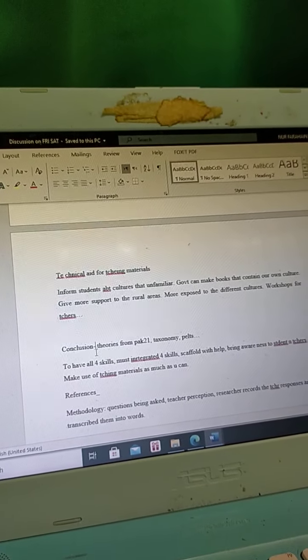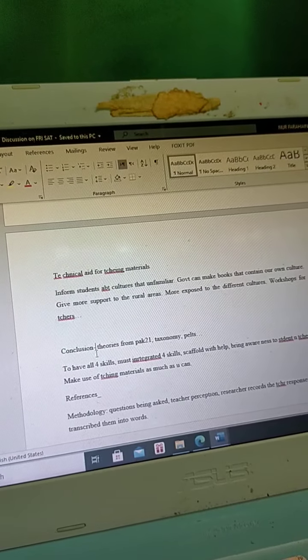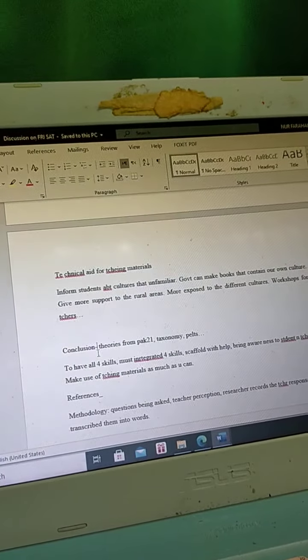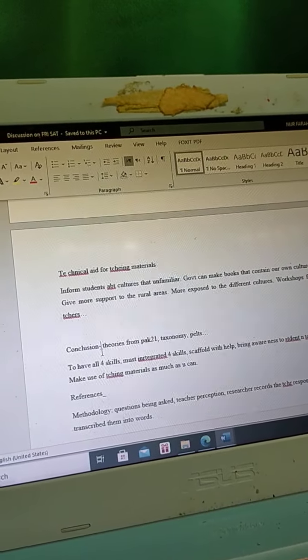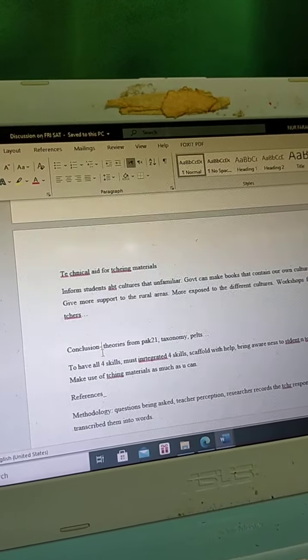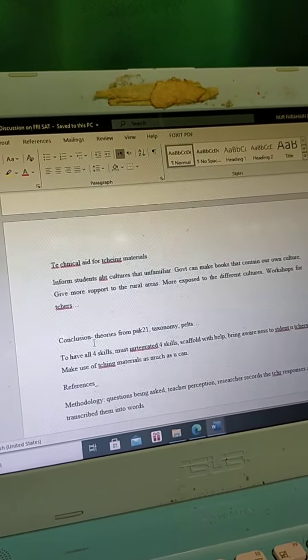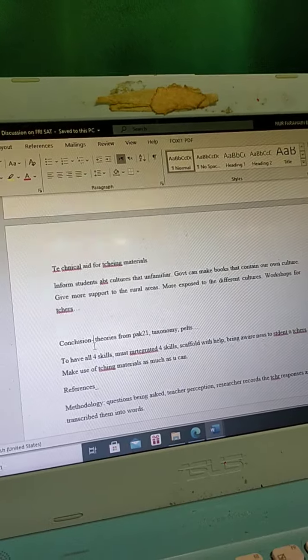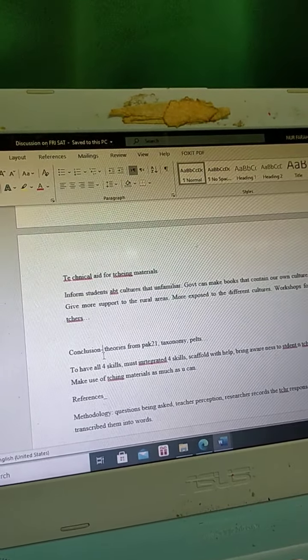And we must bring awareness to the students who are in rural or suburban and also in the urban areas. Make use of teaching materials to move forward into the 21st century teaching, and also to implement CEFR aligned curriculum in PT3 assessment. Okay, so that is the conclusion part.